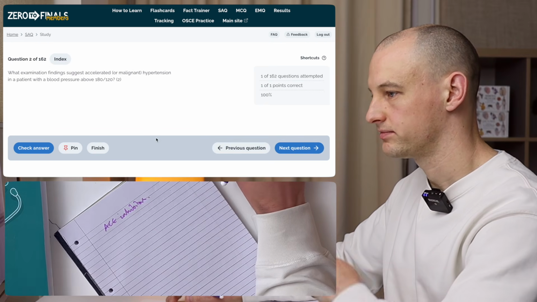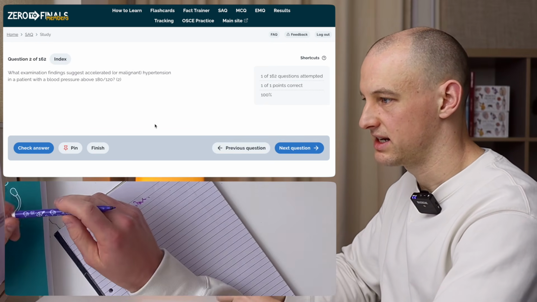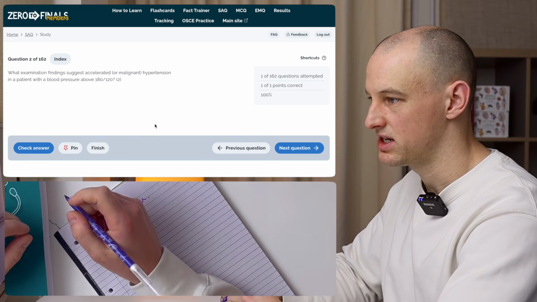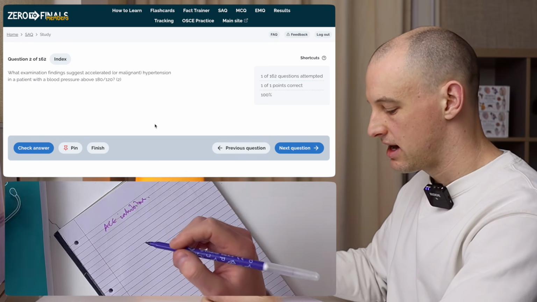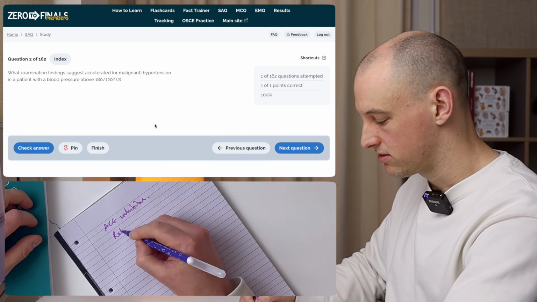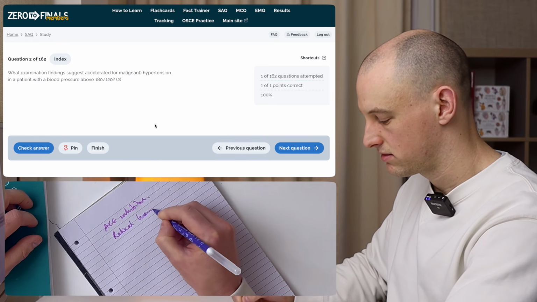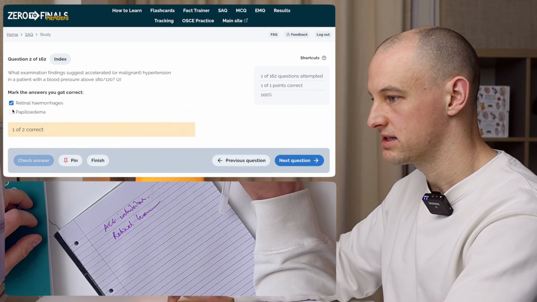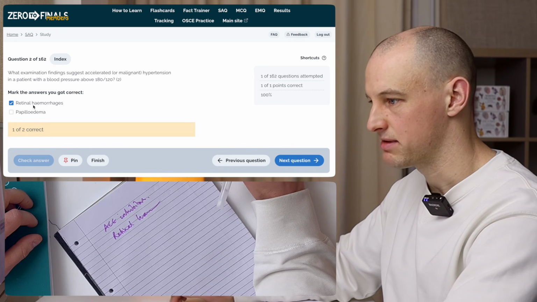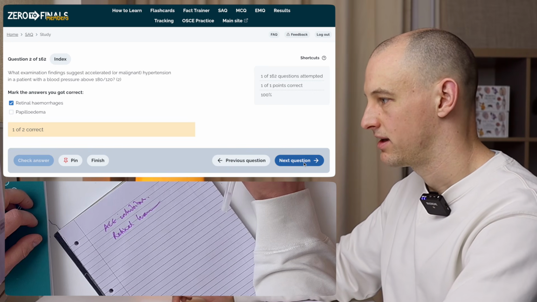Next question. What examination finding suggests accelerated hypertension in a patient with blood pressure above 180/120? I'm going to say retinal hemorrhage. Check the answer. Retinal hemorrhages, but I didn't get papilledema, so I'm going to leave that one.